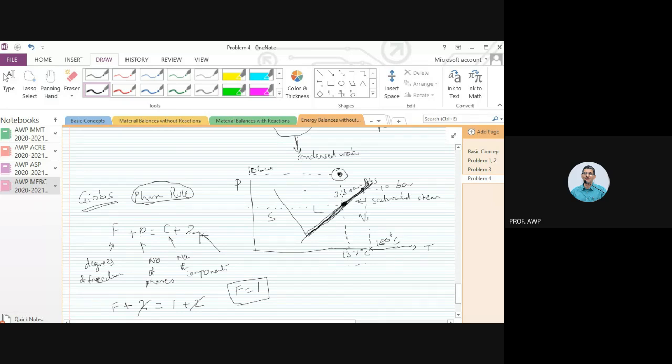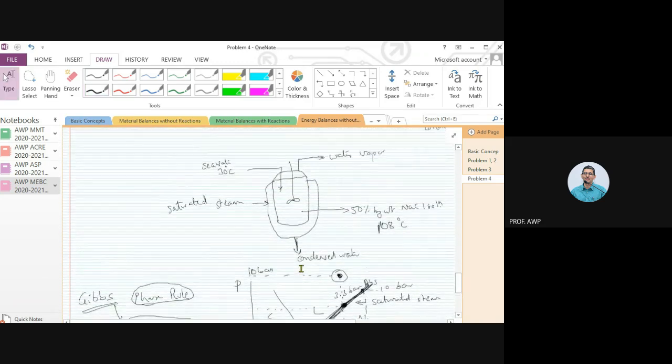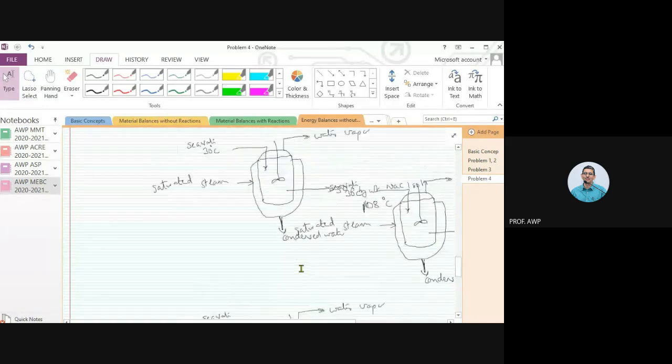Do you agree, Praveen? Yes, sir. So temperature and pressure are interconnected because of this Gibbs phase rule. You will derive it in your thermo course. We will digress too much if we start deriving this now. Okay, now tell me, what do you want to do?